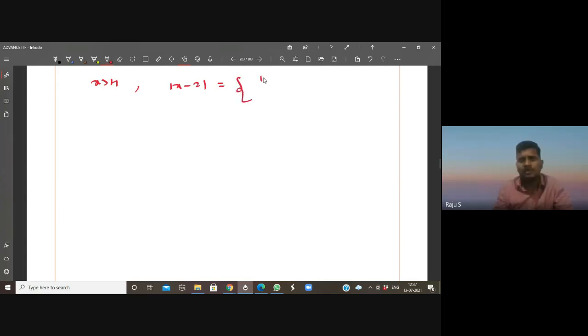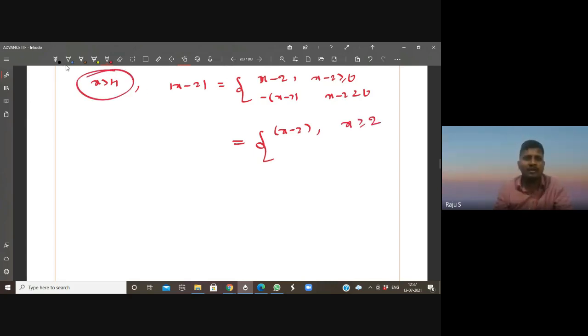Two cases are there: x minus 2 when x minus 2 is greater than or equal to 0, and minus of x minus 2 when x minus 2 is lesser than 0. Here x minus 2 is greater than or equal to 2, and x greater than 4 is already given.